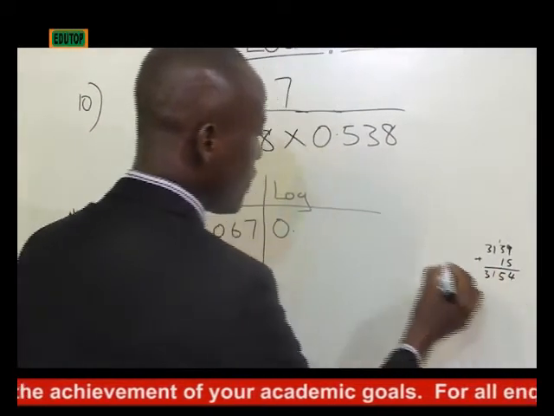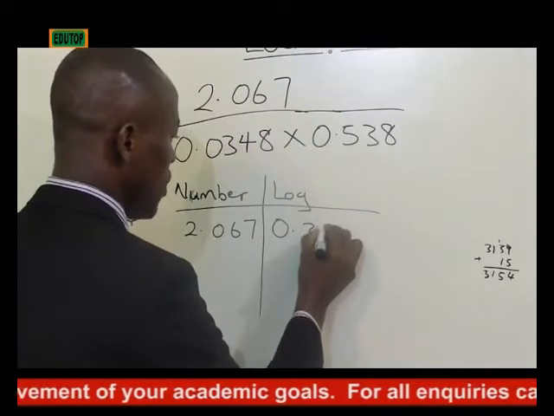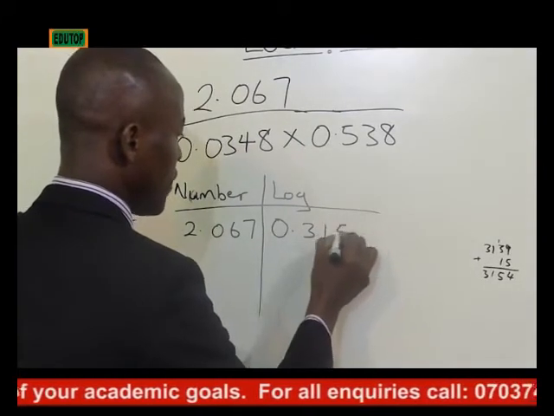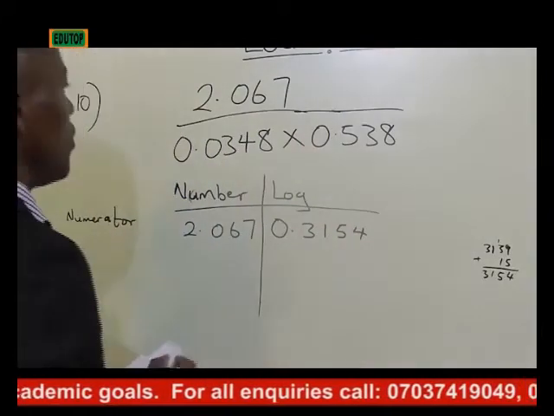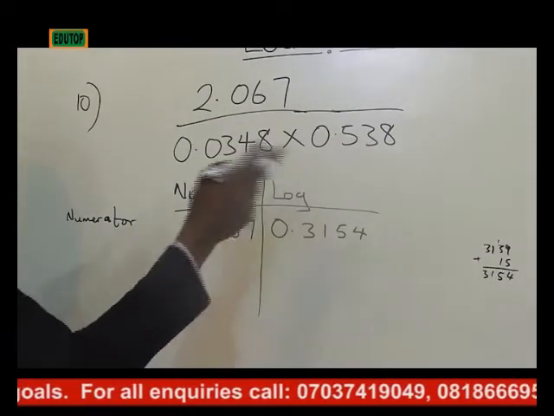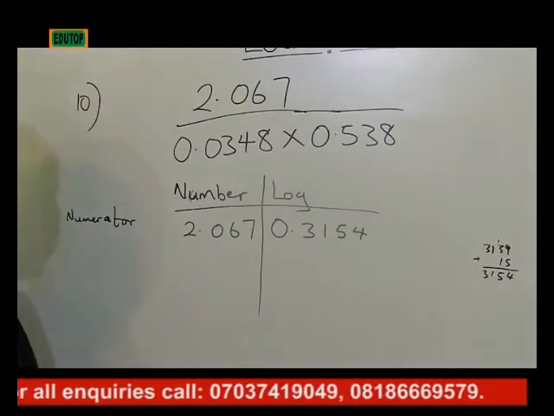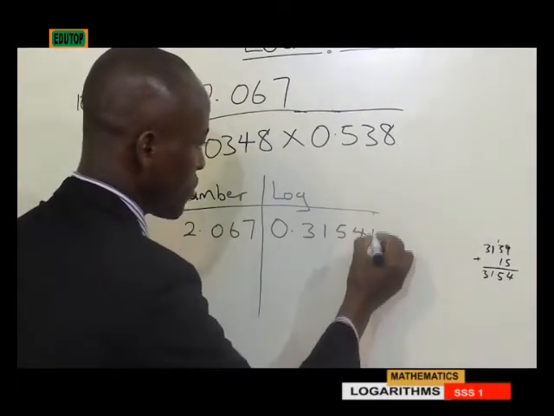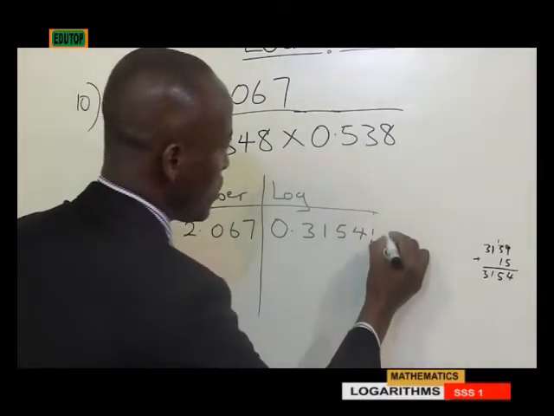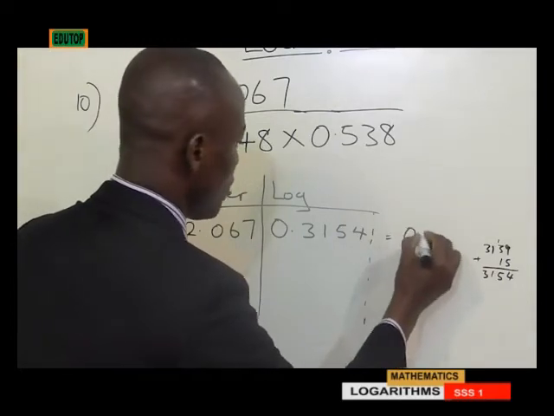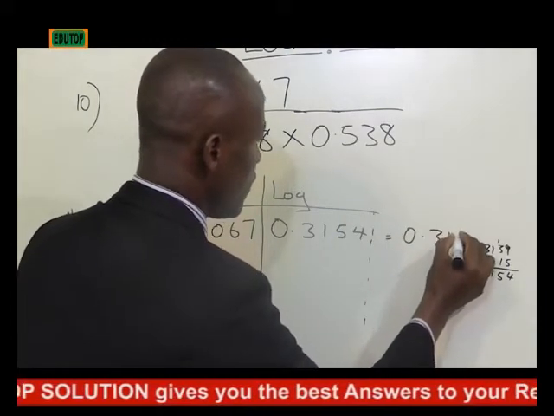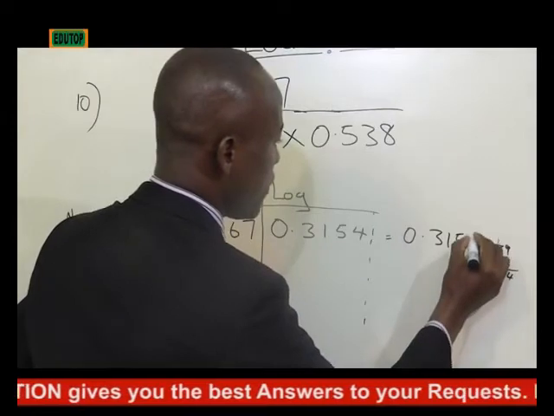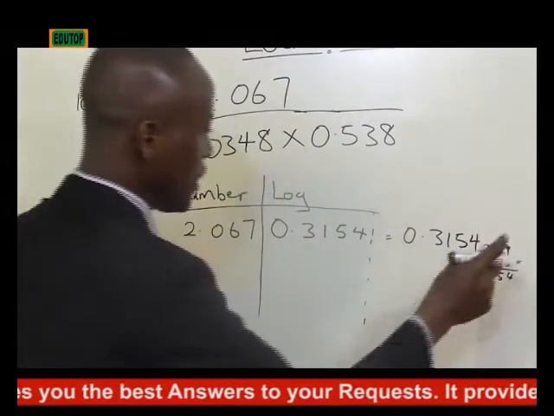That's 3154. Now, we are going to divide. Under division, we'll subtract. So, you create another column is equals to 0.3154.